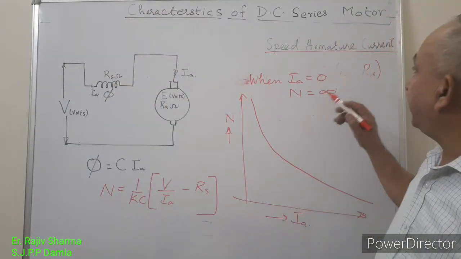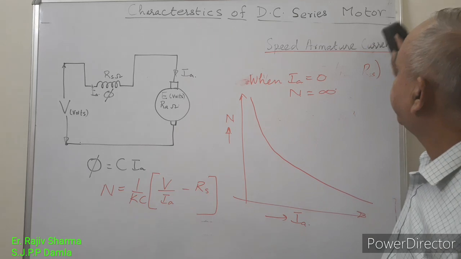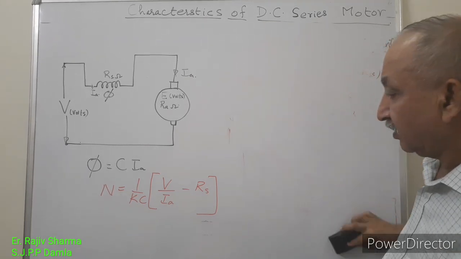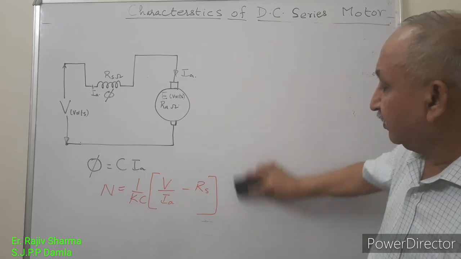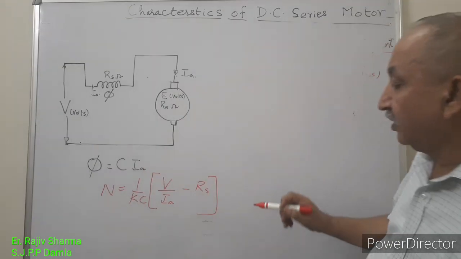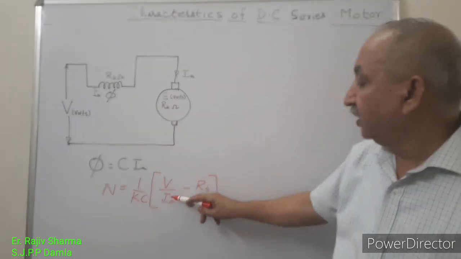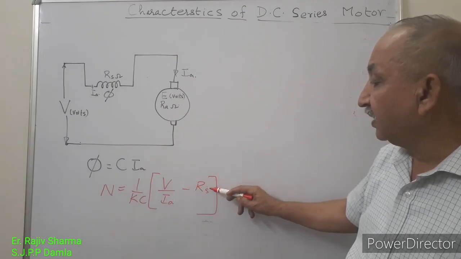Last is speed torque characteristics. We have the relation speed is equal to 1 upon Kc into V upon Ia minus Rs.